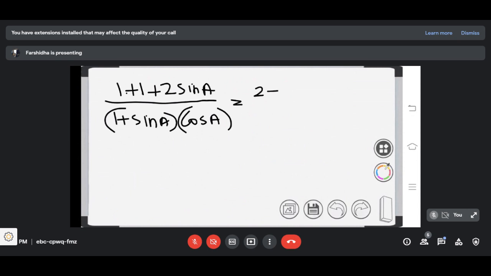So you can write 2 plus 2 sin A divided by 1 plus sin A into cos A.